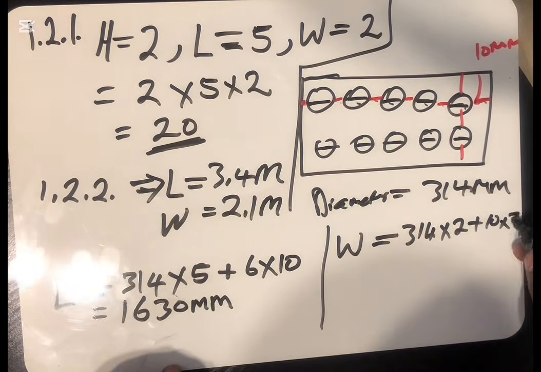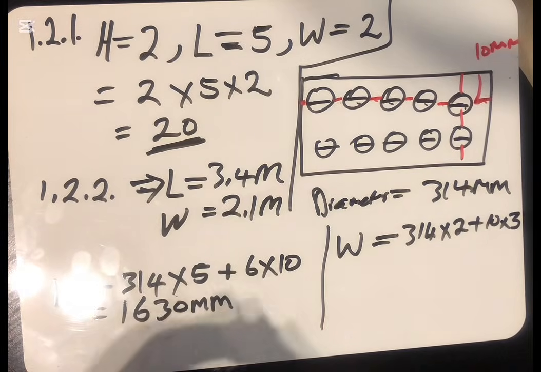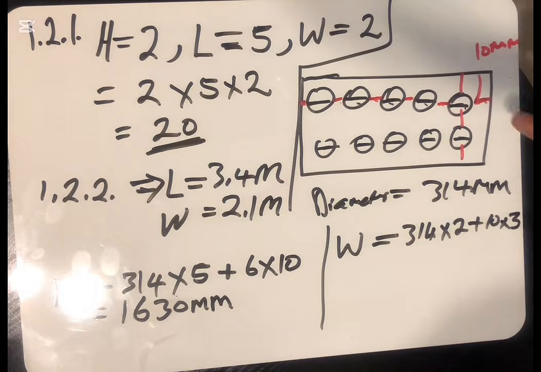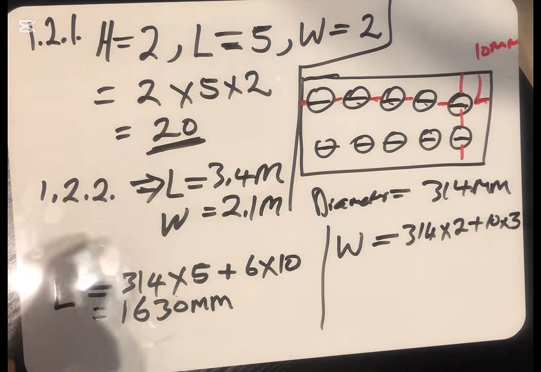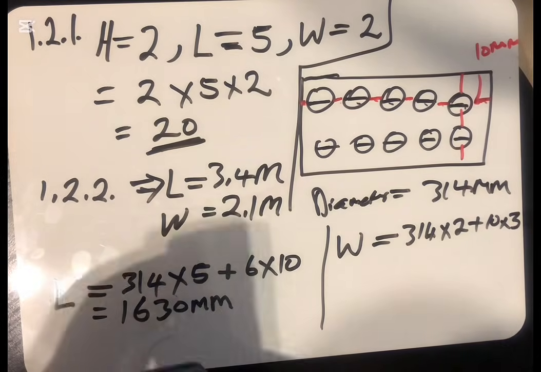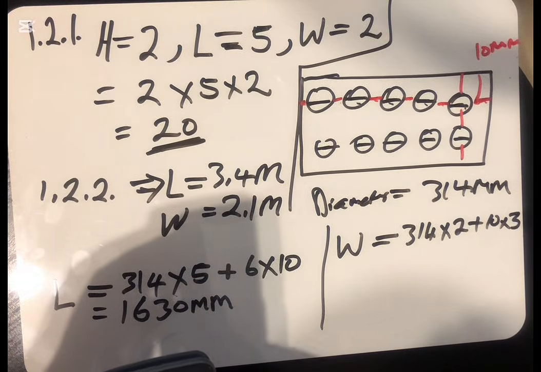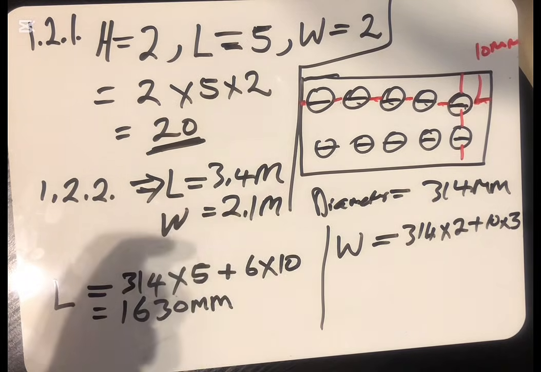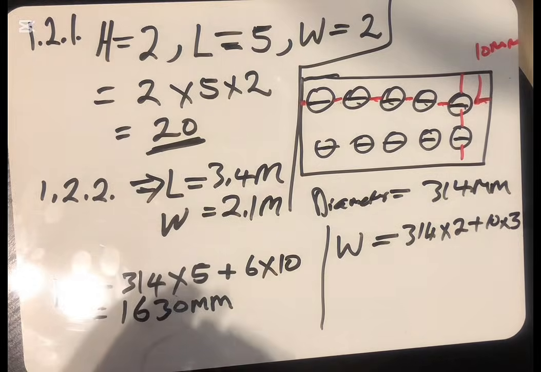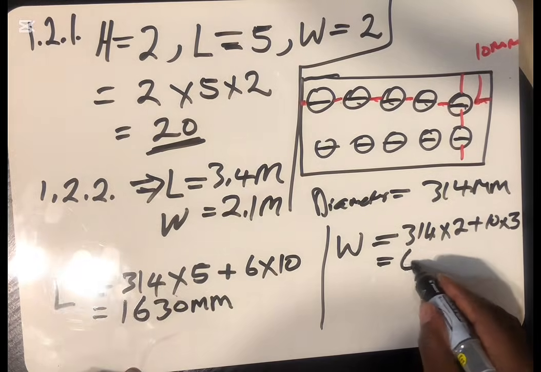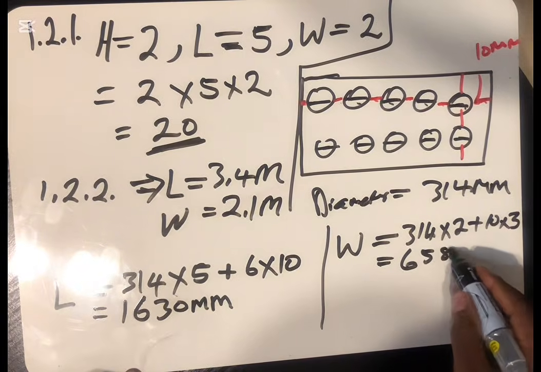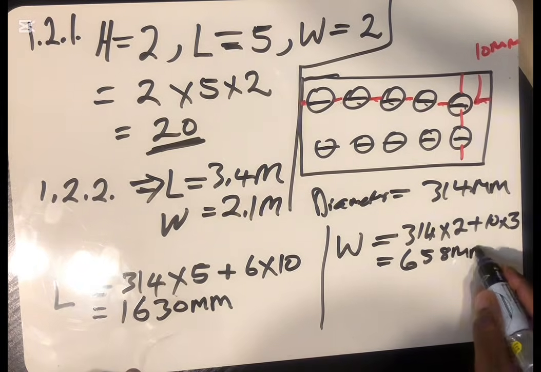This is 10, this 10, this 10. So now we have 314 multiplied by 2 plus 10 multiplied by 3. The width is 658 millimeters.